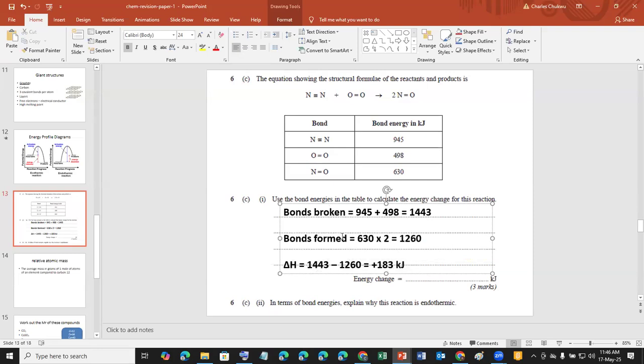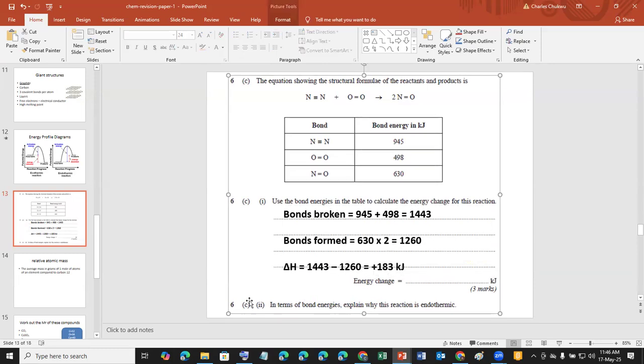1443 is the heat of the product, while 1260 is the heat of the reactant, which is represented there, and it's positive. So that equally gives you an idea why it's endothermic, apart from the fact that it absorbs heat from the surroundings.